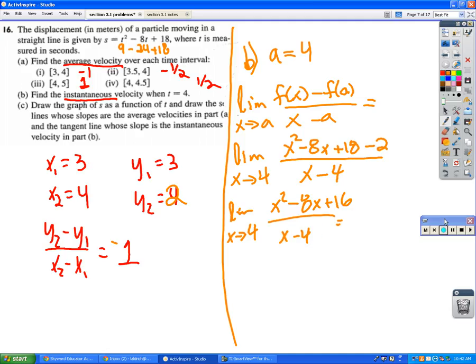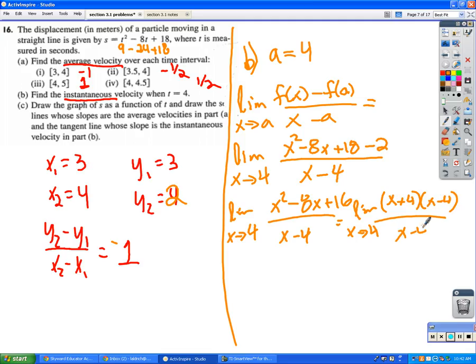So I can factor that into what? X minus 4, x plus 4, x minus 4. No, that would be the difference between squares. That's x minus 4 times x minus 4 over x minus 4.